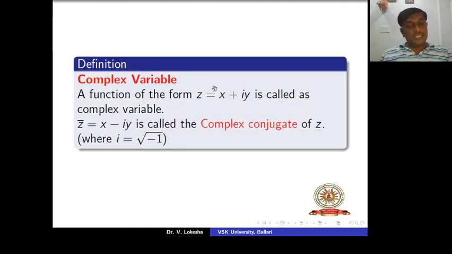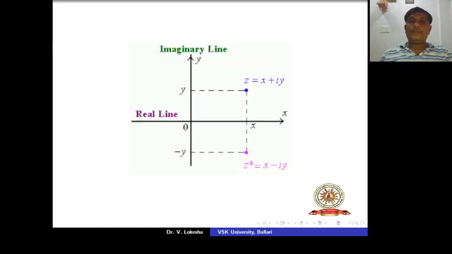Z bar, if z is equal to x plus iy, z bar is known as the complex conjugate of z. You can see in this diagram the real line and this is the imaginary axis, and here z is equal to x comma y. That is an ordered pair, or we can write it in terms of real as well as imaginary parts. Then it can be put in the first plane, that is z is equal to x plus iy.